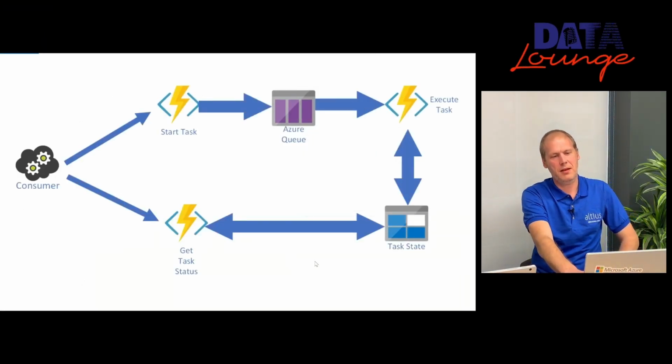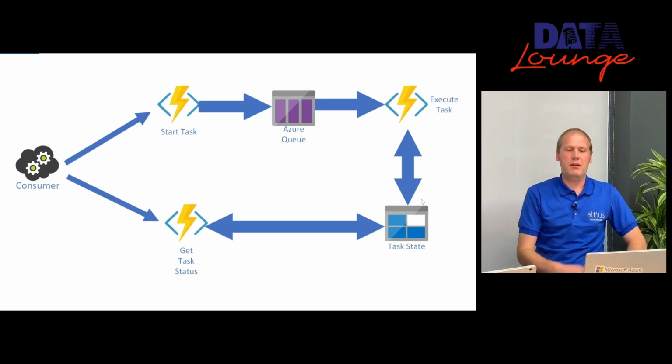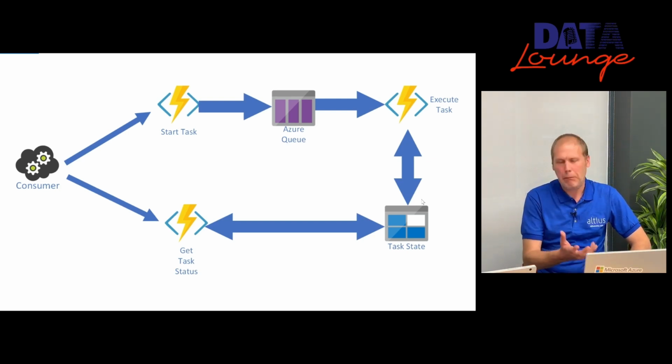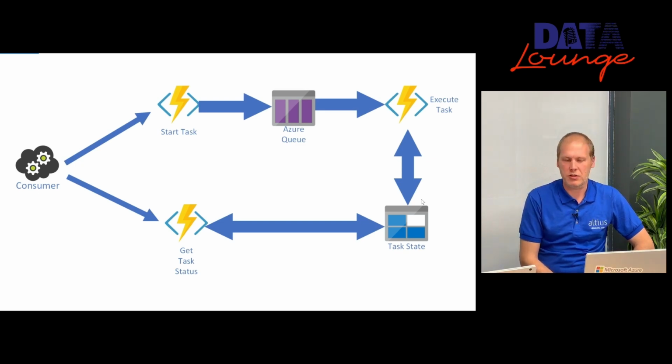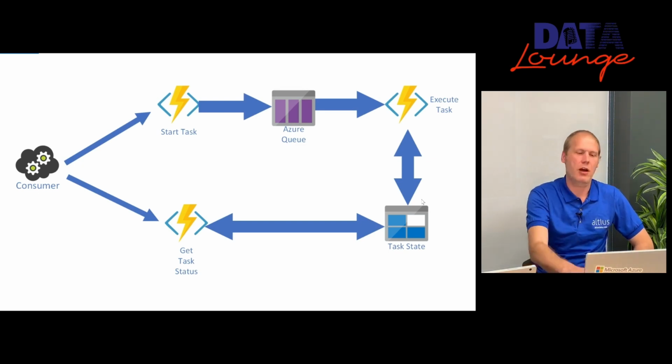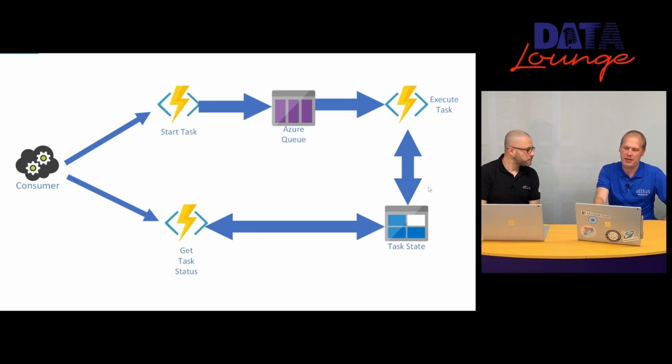And then you'd be managing some sort of shared state, a blob with what your current status is or how many you've done. And then you'd have a third function for getting that state and reporting back.